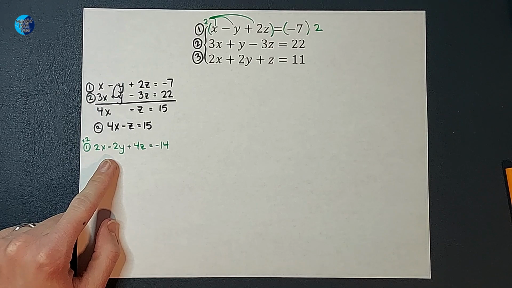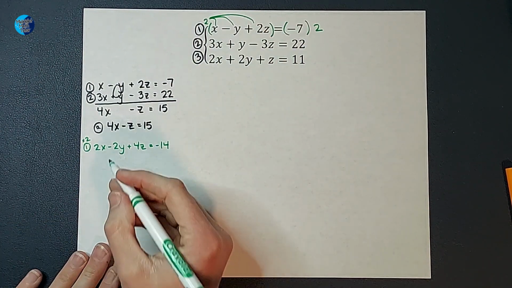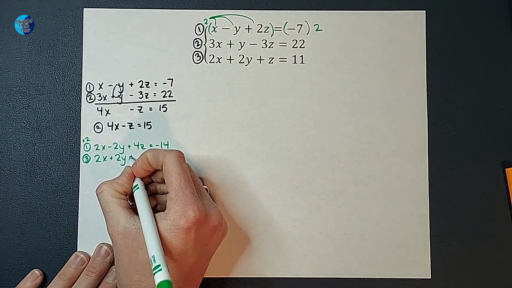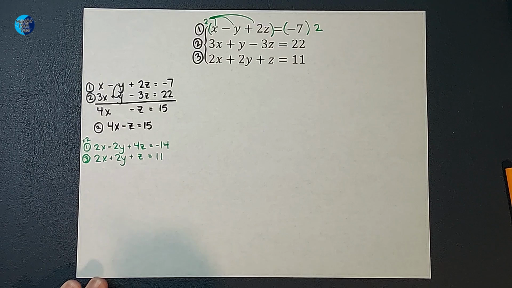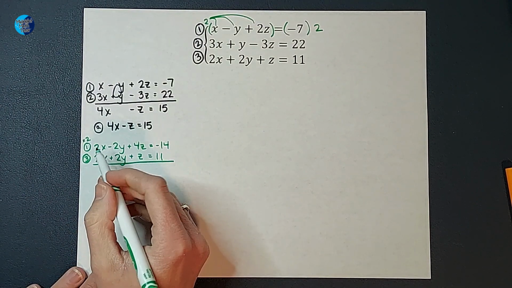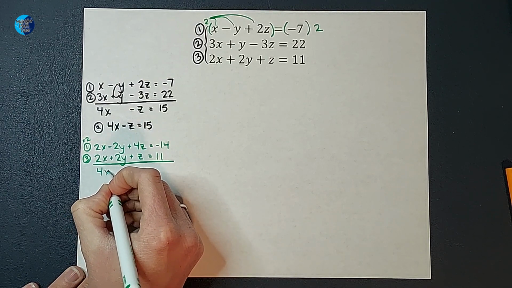All right, now I am going to combine that with equation 3. So I'm just going to rewrite equation 3 here. All right, there's equation 3, and now I'm going to see what happens when I combine these. 2x and 2x makes 4x.